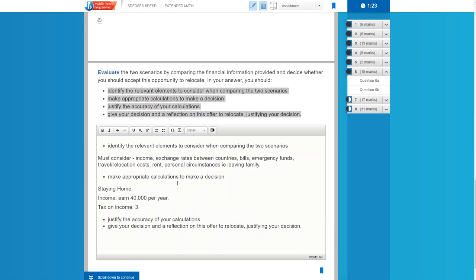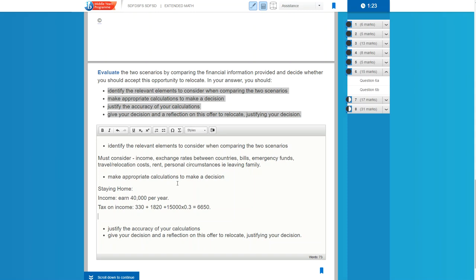So it's going to be 330 plus 1820 plus 15,000 multiplied by the 30%, okay? So that is how much they get taxed every year, okay? So take-home pay is 40,000.